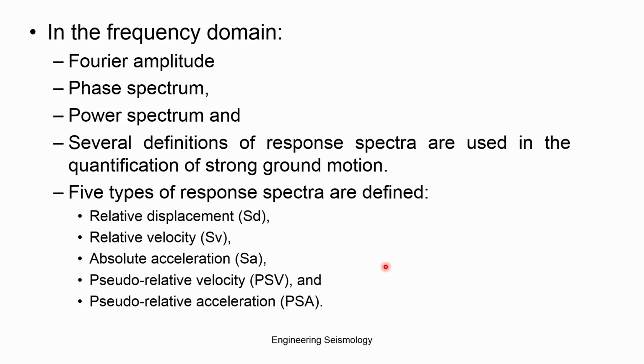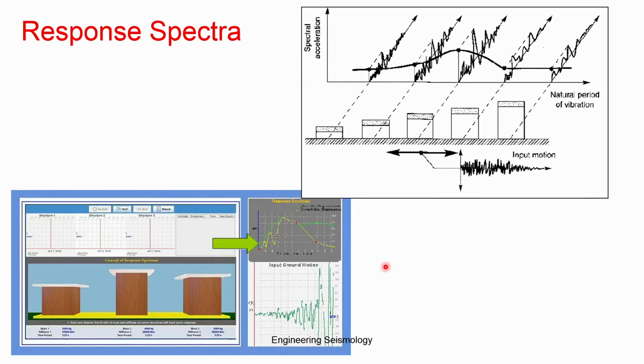So, you can see different frequency domain parameters: Fourier amplitude, Fourier spectrum and then power spectrum. Several definitions of the response spectrum are used to quantify the strong motion record. Five types of response spectrums are used: relative displacement, absolute acceleration, pseudo velocity, relative acceleration and velocity.